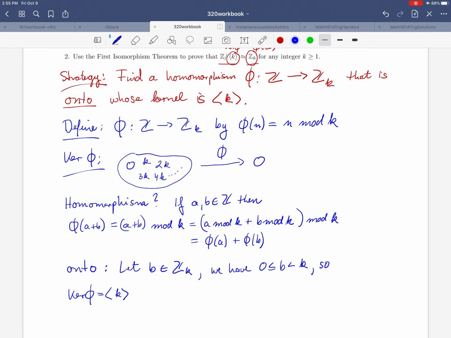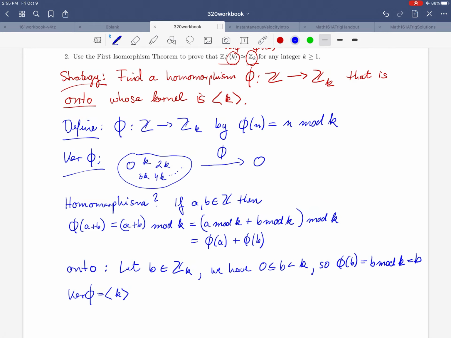Well, how about B? Phi of B is equal to B mod K, which is equal to B. So we found something that hits every element in Z_K. So it's definitely onto.